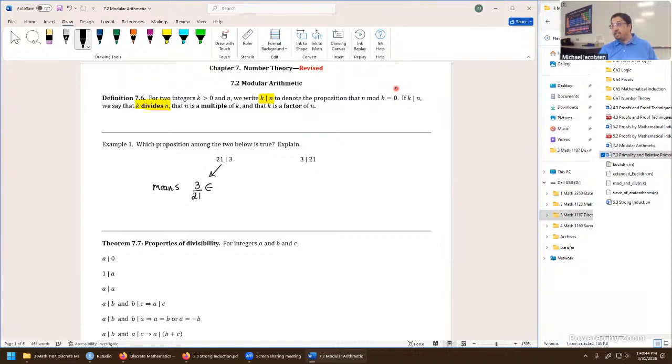If 21 divides 3, then the result would be inside the set of integers, z. But that's absolutely not true, right? This is not a whole number whatsoever. The remainder after division is 3. So if we do this modulus right here, we would be doing 3 mod 21, which is 3. It's not 0. So this is false.